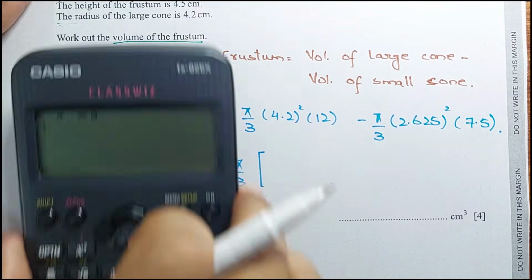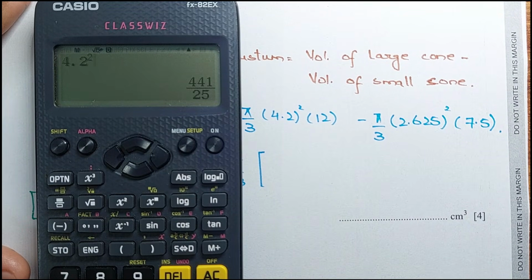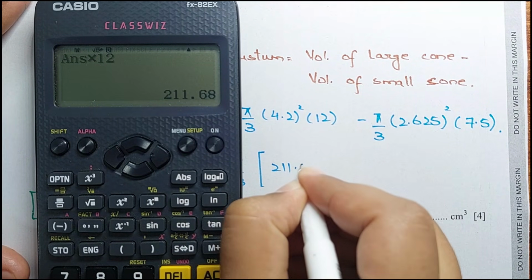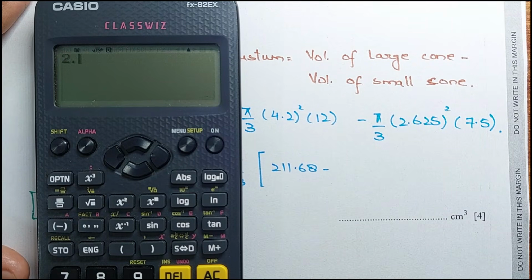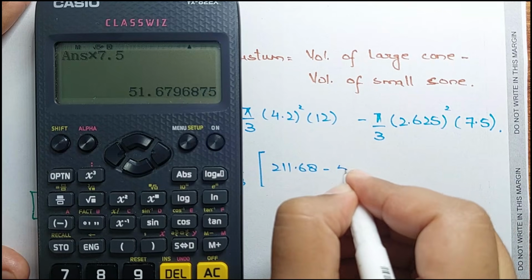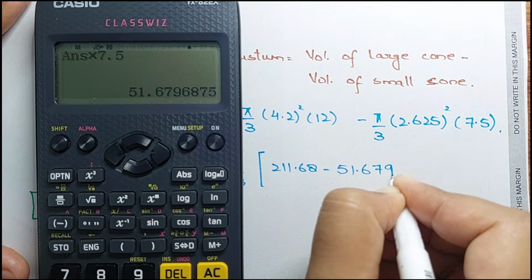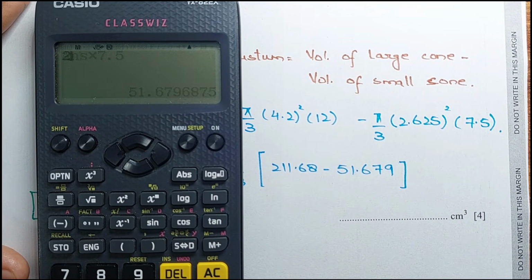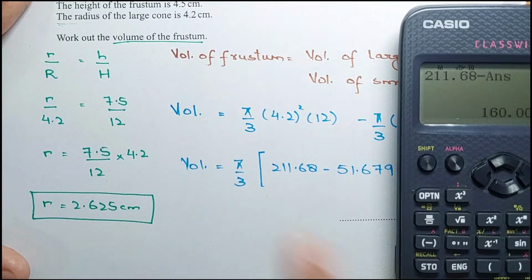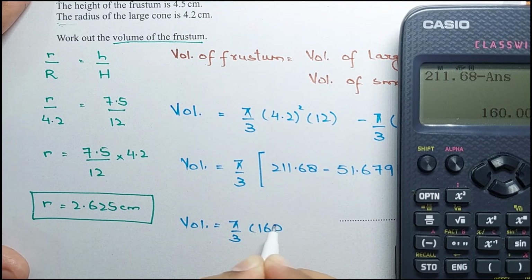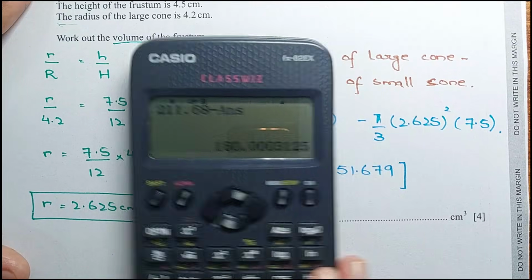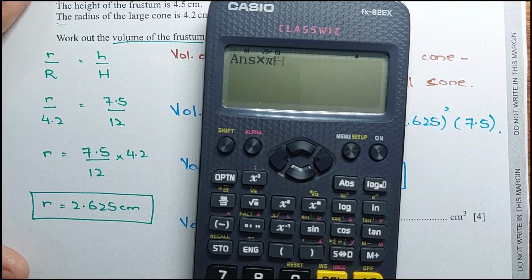Let me simplify. 4.2 square times 12 is 211.68, minus 2.625 square times 7.5, that is 51.679, and 211.68 subtract the answer. So the volume is pi by 3 times 160.00, you can see, times pi by 3.